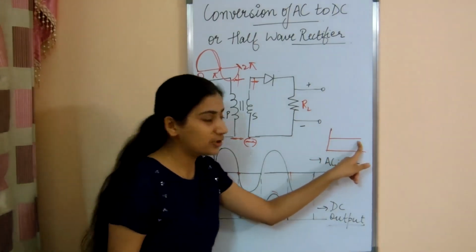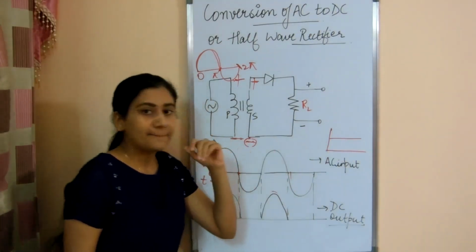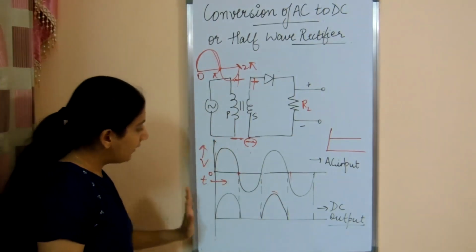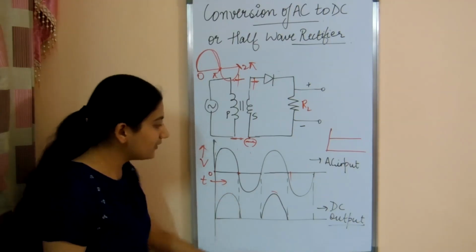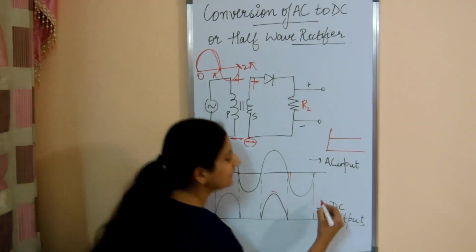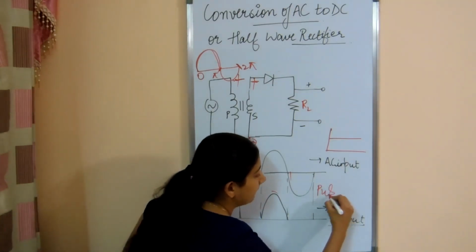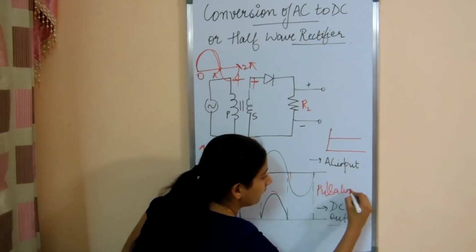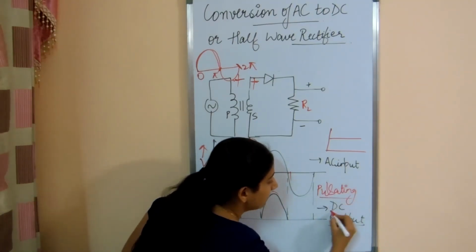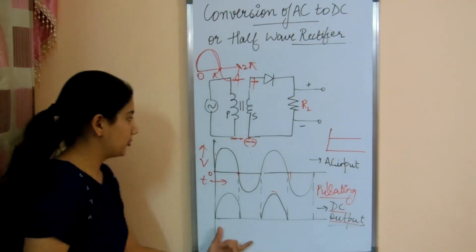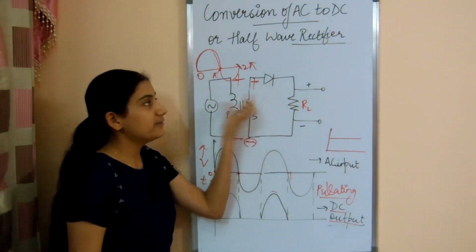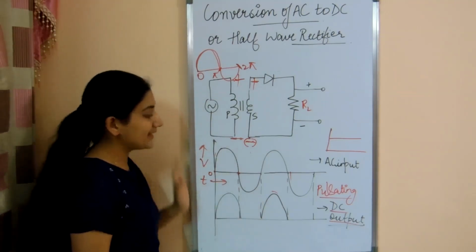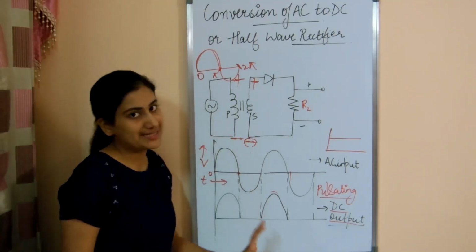It has this kind of graph. But here we have rectified AC to DC, and what we have got is a pulsating DC output. So this is how the half wave rectifier rectifies AC current to DC.